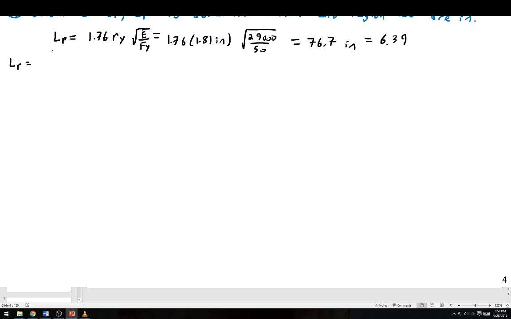So Lr, if we look at equation F2-6, so let me annotate this as F2-5.